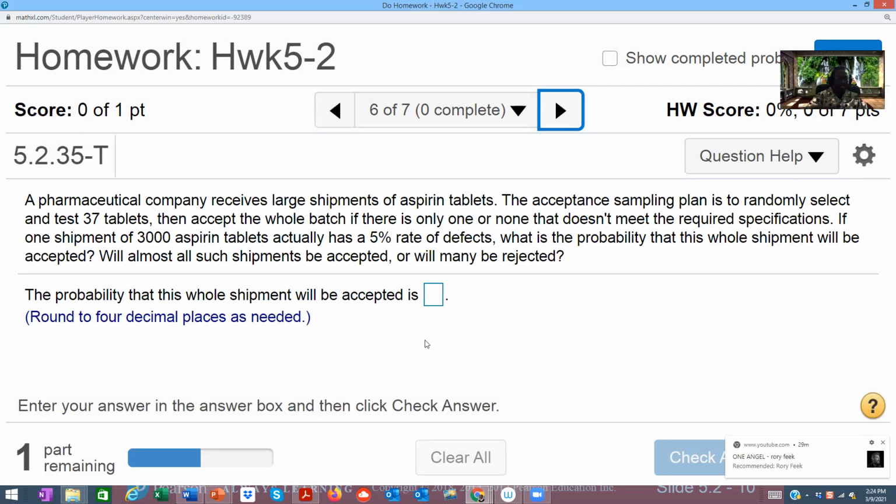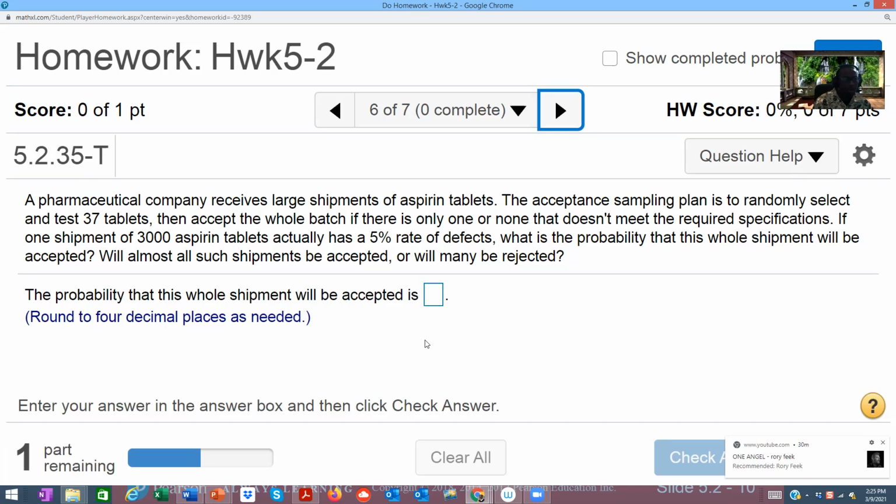It says that a pharmaceutical company receives a large shipment of aspirin tablets. The acceptance sampling plan is to randomly select and test 37 tablets, then accept the whole batch if there is only one or none that doesn't meet the required specification.